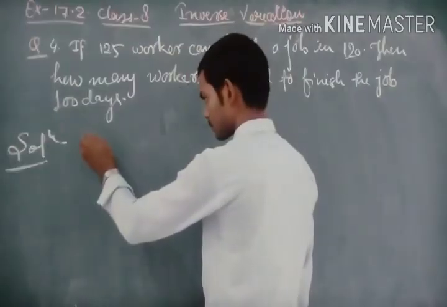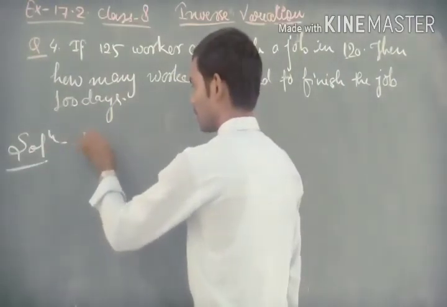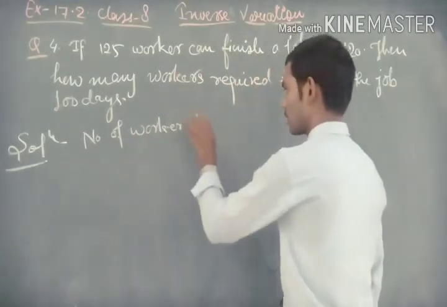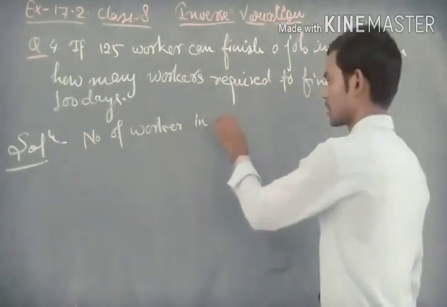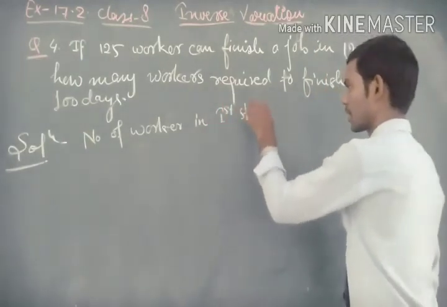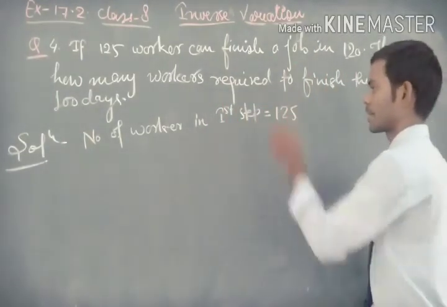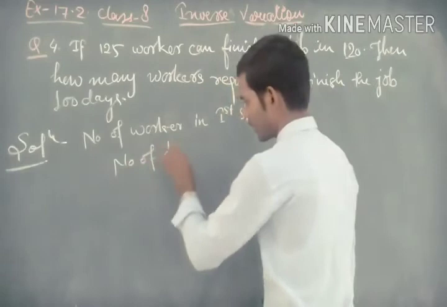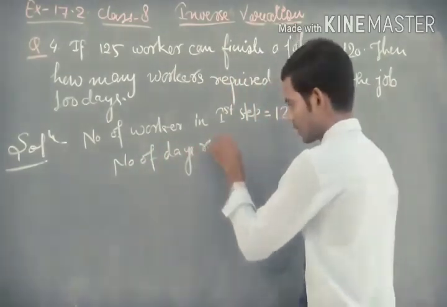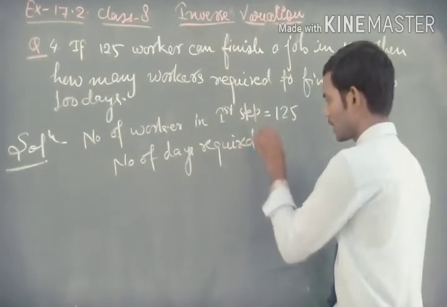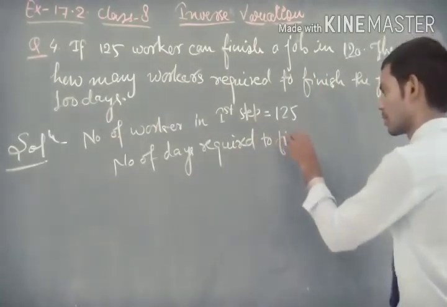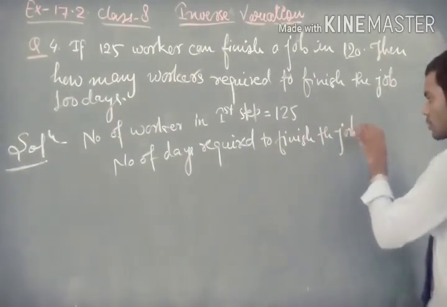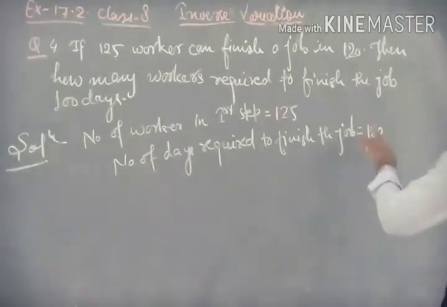I just write here the simple word problem as you have studied in your previous classes. So here we write, or you can just make the table. Just write here number of workers in first step is equal to 125, and number of days required to finish the job is equal to 120 days.